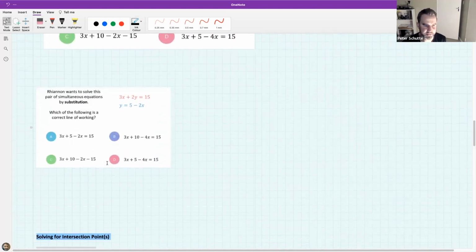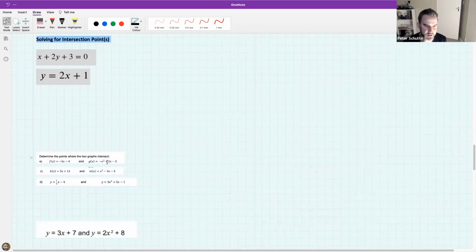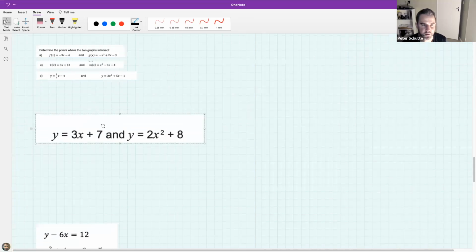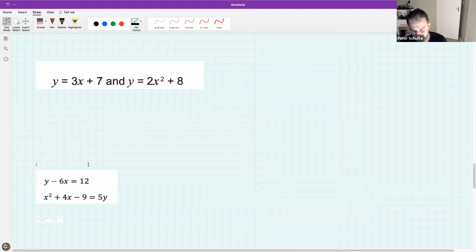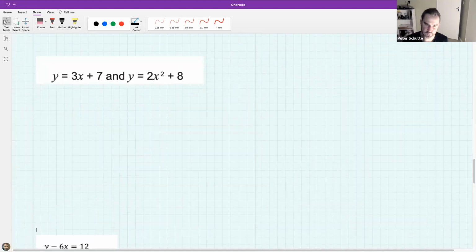So let's go and find something that is up to your level here. I'm going to give you these two functions, and I want you to find me the intersection points or the simultaneous solution.